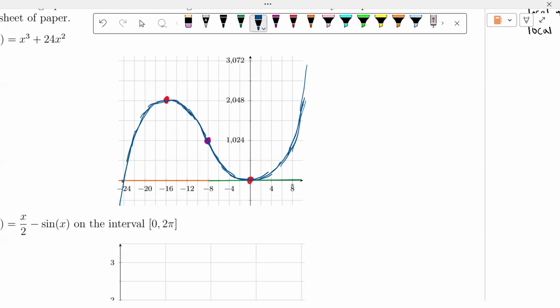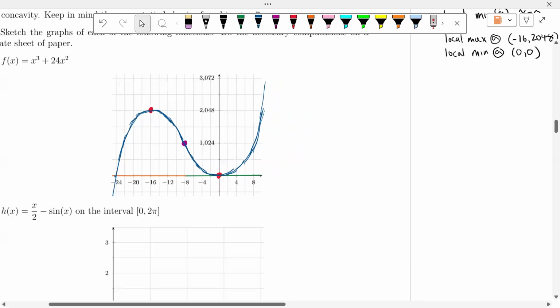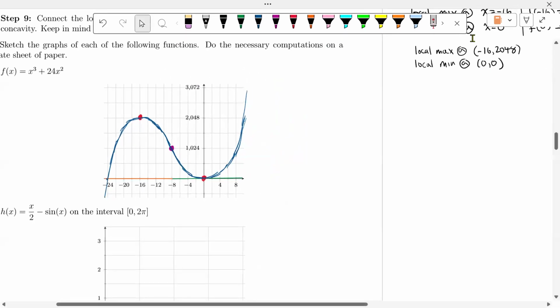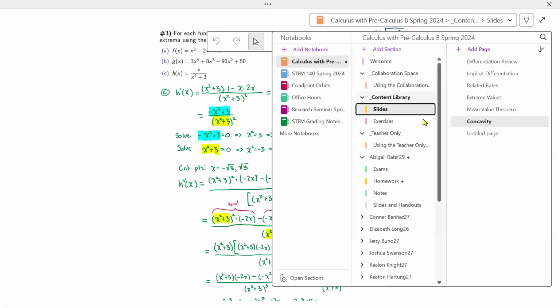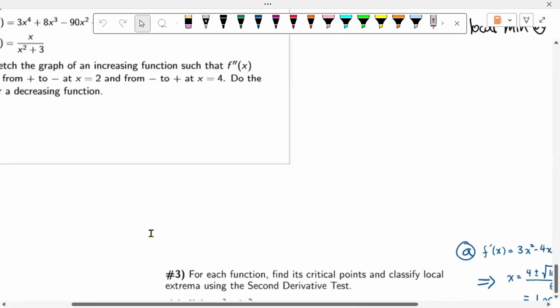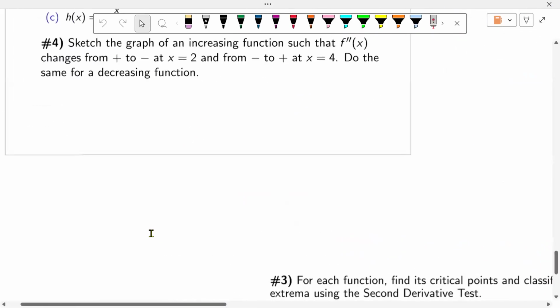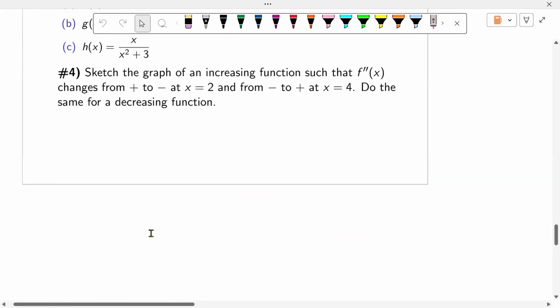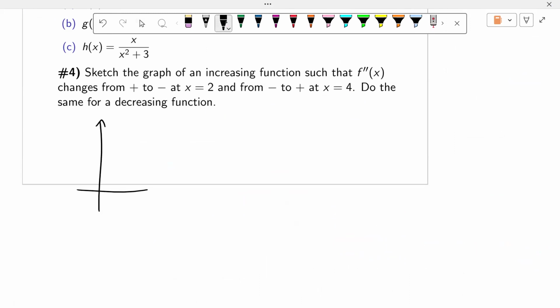How are we doing on time here? We've got 2 minutes. So one thing I want to go over briefly is a problem from the last slide pack that I skipped very quickly. It's number 4. It says, sketch the graph of an increasing function so that the second derivative changes from being positive to negative at 2.